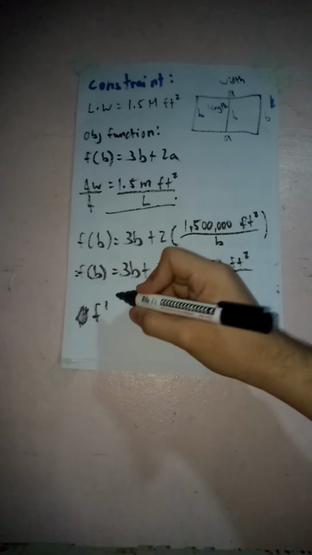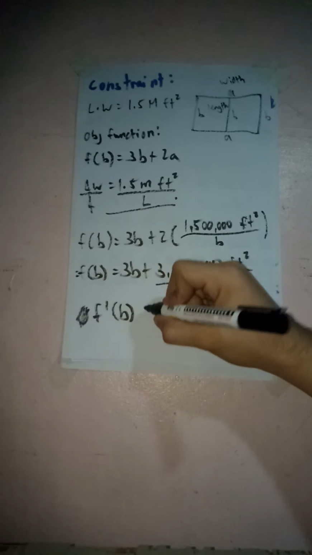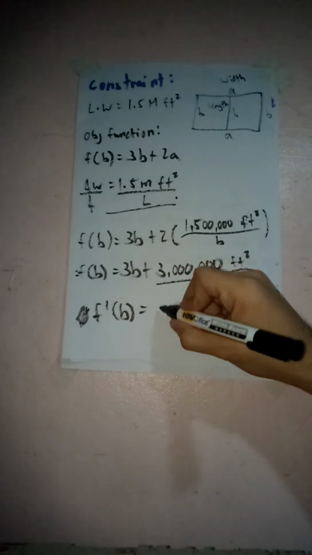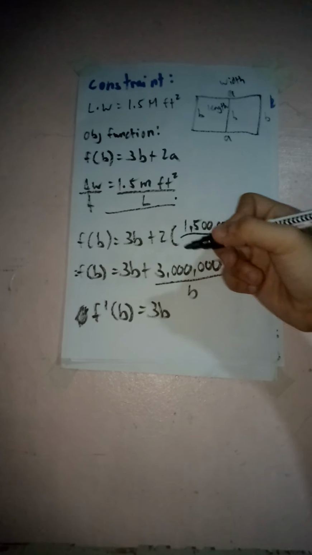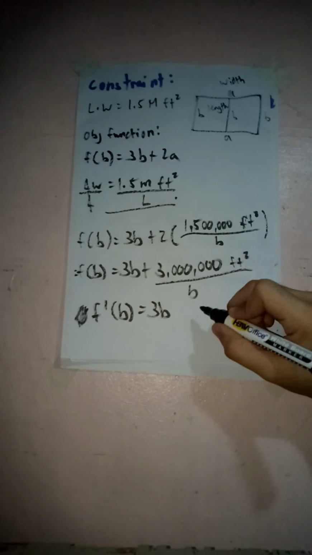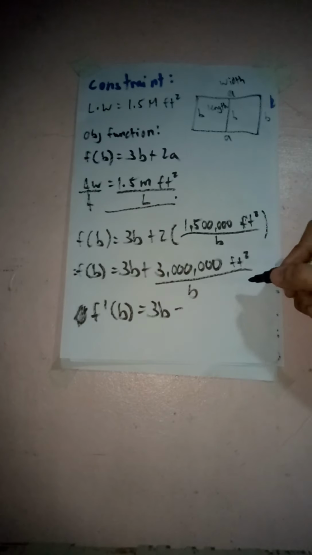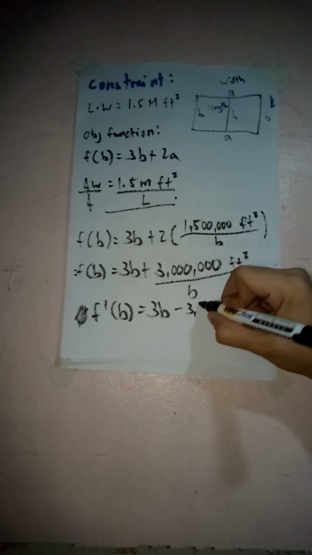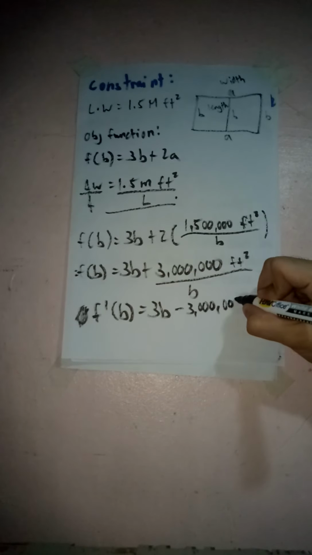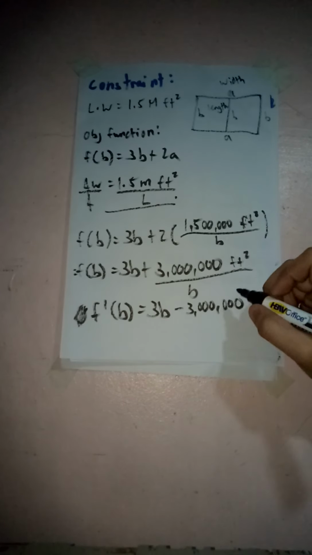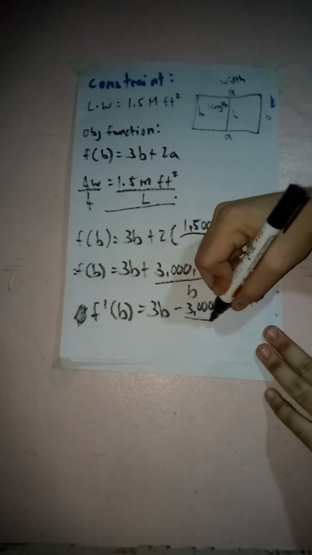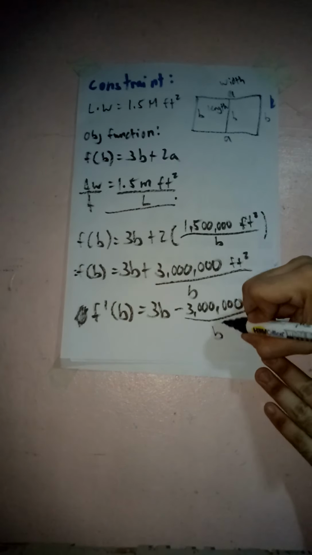So the first derivative of B equals 3B minus 3 million feet squared over B squared.